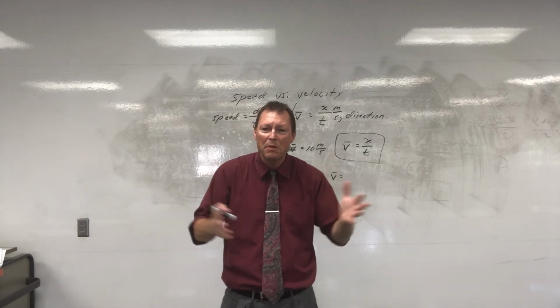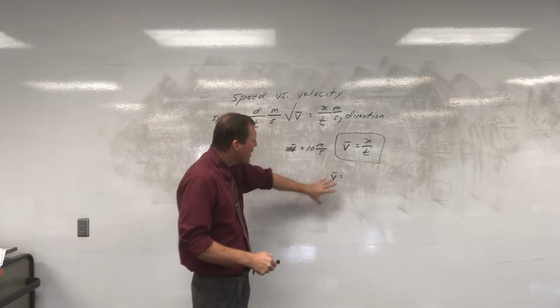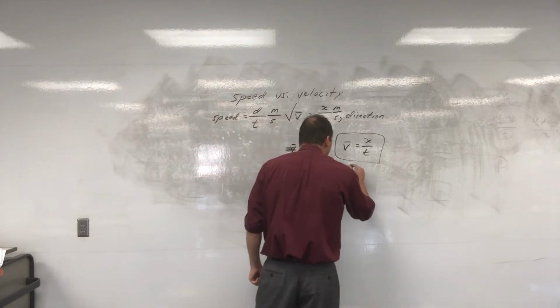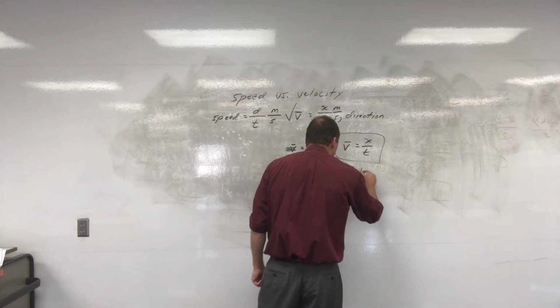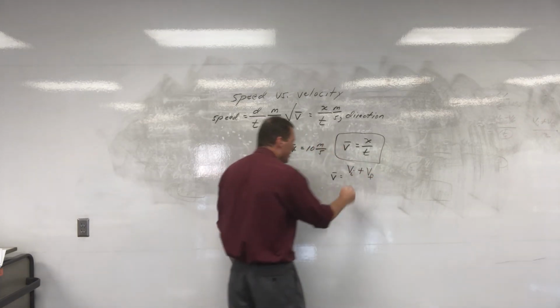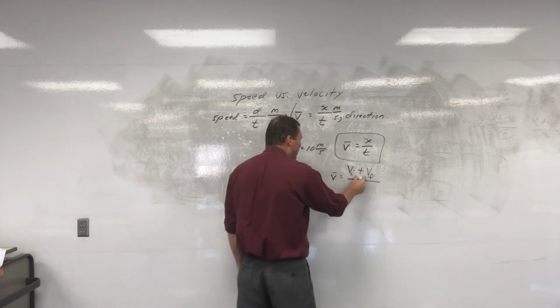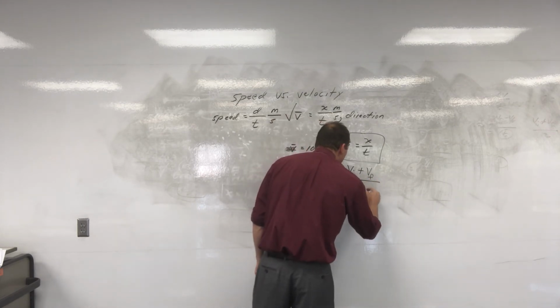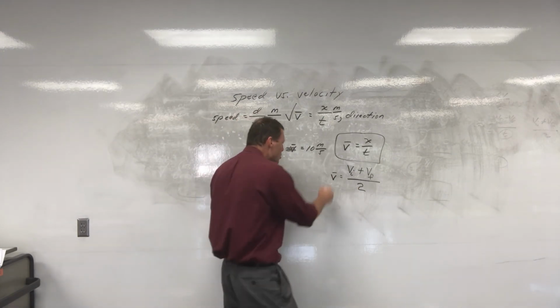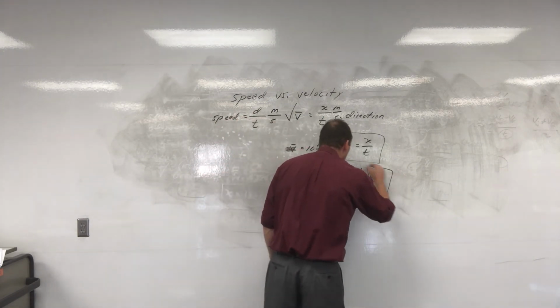You take two things, add them together, divide by 2. Well, we can kind of do the same thing here. If we know the initial velocity of an object, and we know that object's final velocity, then we can add them together and divide by 2 to figure out the average velocity. So that's going to be our second formula.